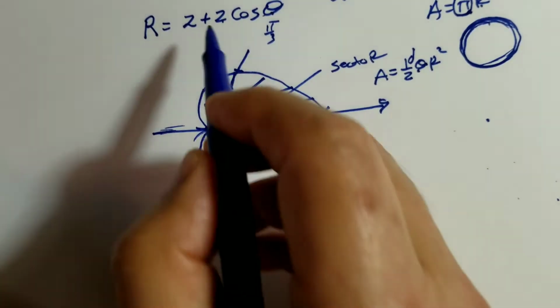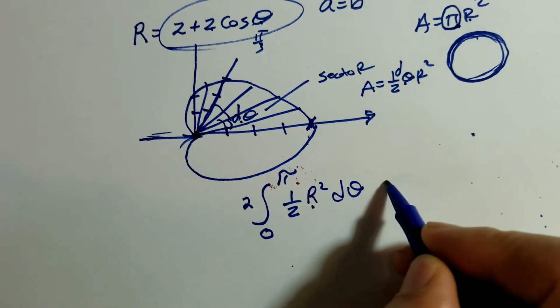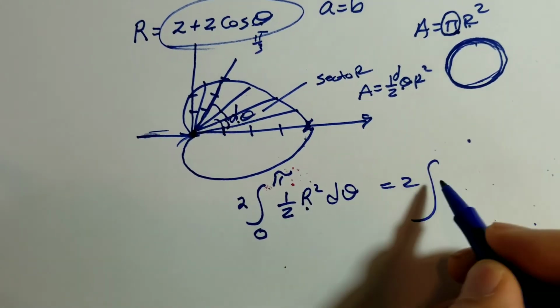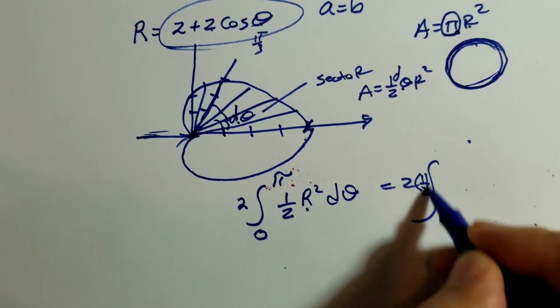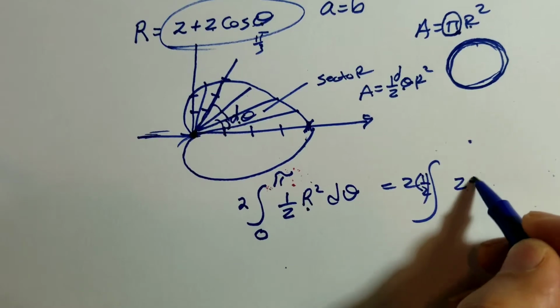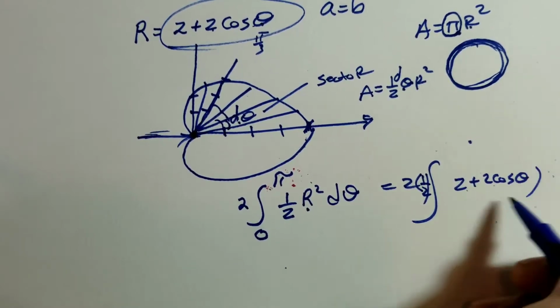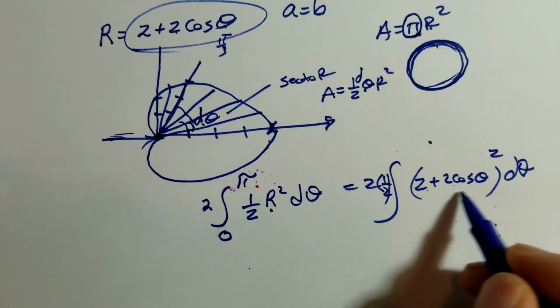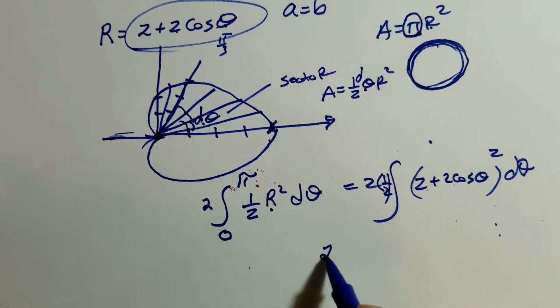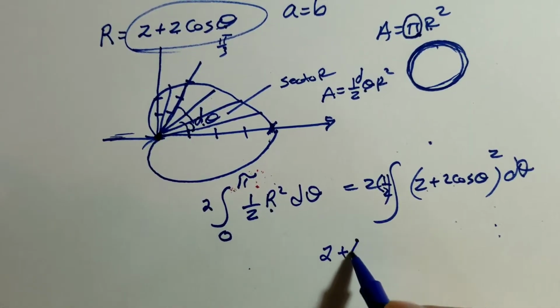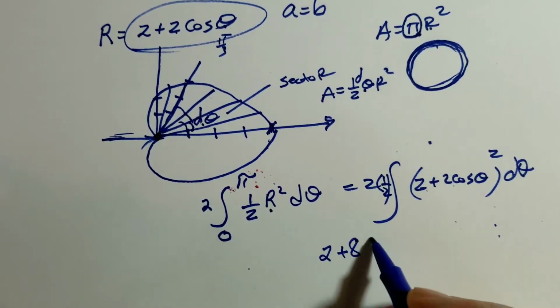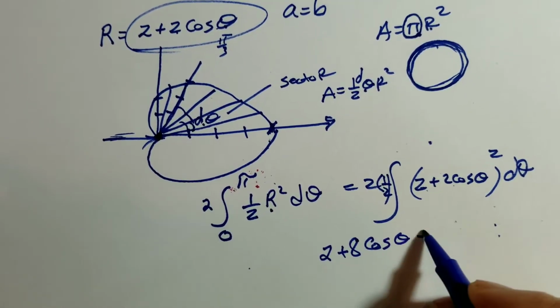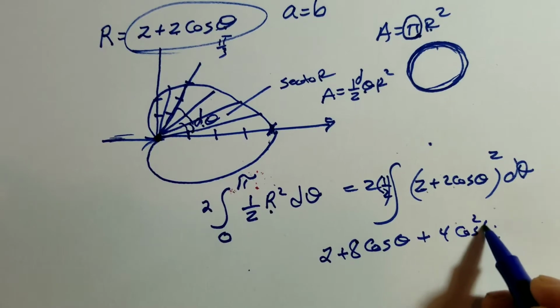And what was your r? Your r was 2 plus 2 cosine theta, squared, d theta. You can square that, and that becomes 4 plus 8 cosine theta plus 4 cosine squared theta.